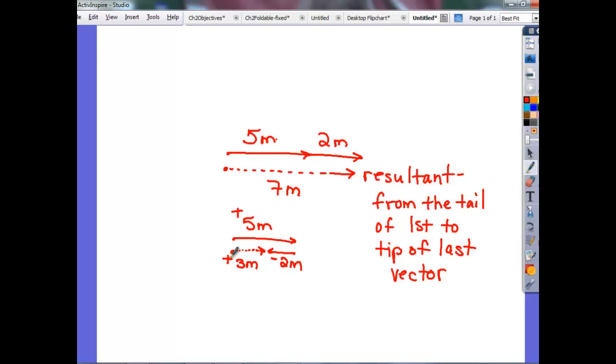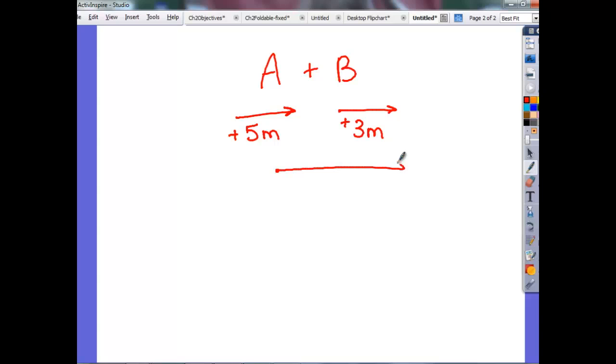Also, addition is different when you have vectors, but so is subtraction. So if I have vector A plus B, let's say A again is 5 meters to the right, or positive 5 meters, and then B is going to be positive 3 meters. Okay? Because they're in the same direction, I can just add them to get 8 meters.